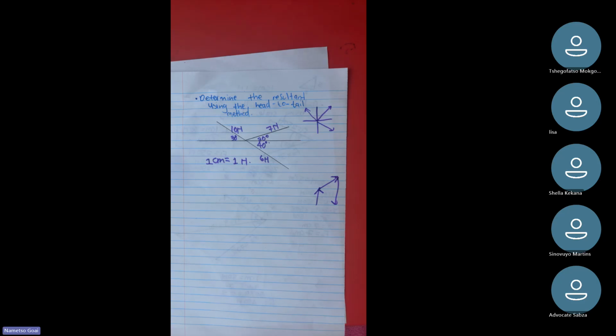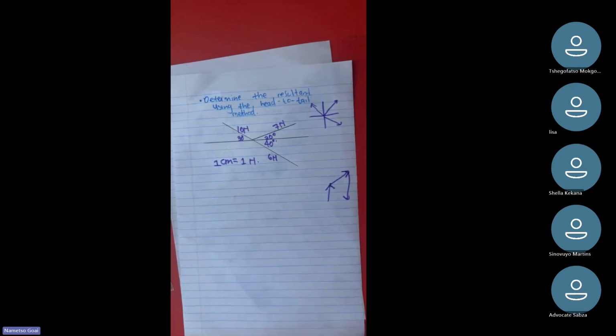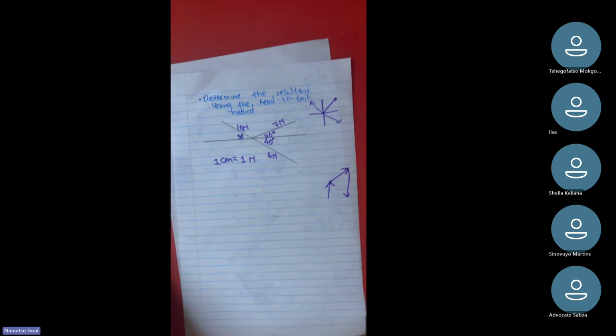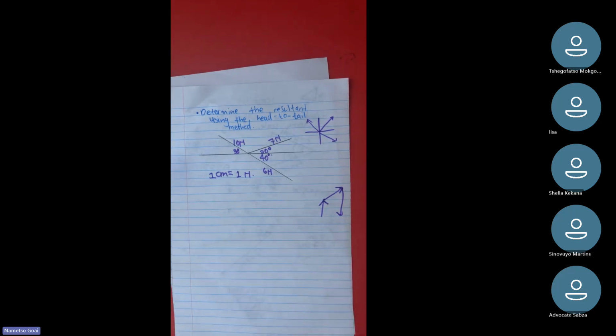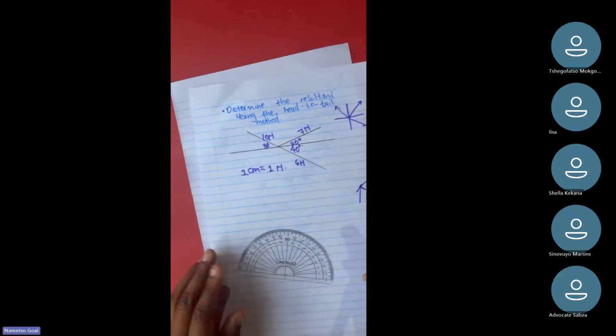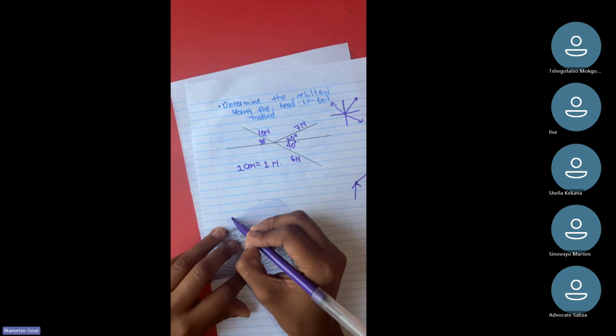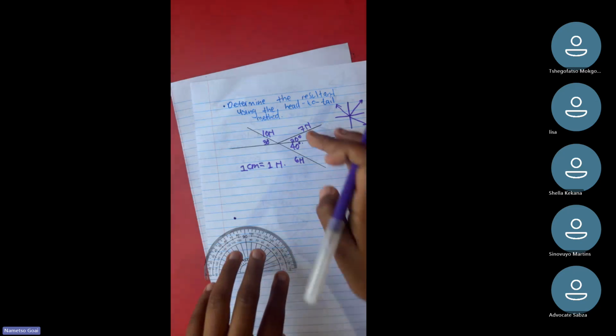Now look at that 7 Newton force. It's moving upward at an angle of 20 degrees. First things first, we have to have our starting dot. Let's just put it over here. Now, look at that 7 Newton force. It is placed at a 20-degree angle.